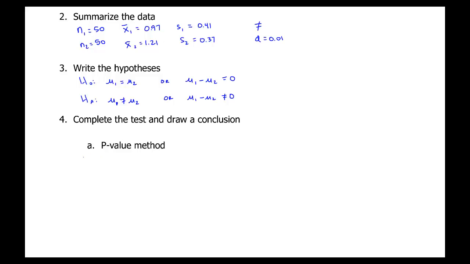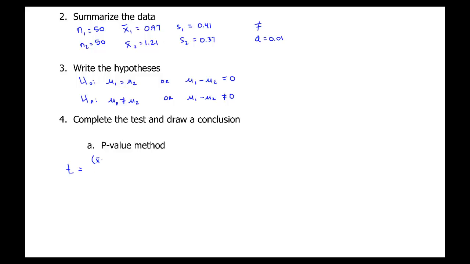So we have to calculate a test statistic, and when we're doing samples, typically we use t unless you know something about the population standard deviation, which we do not.